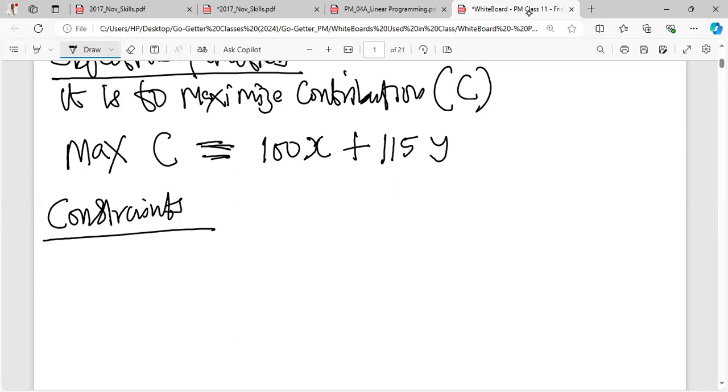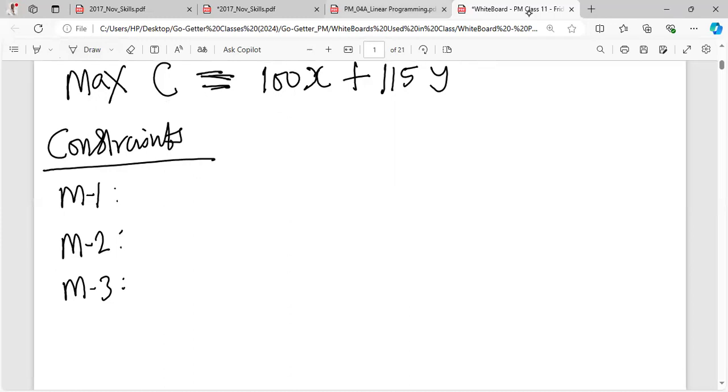There are three constraints. We have M1, M2, and M3. Now, how are they our constraints? What do we know about them?